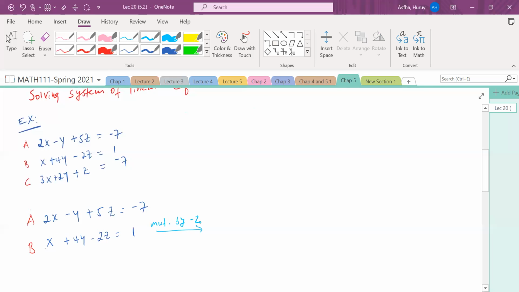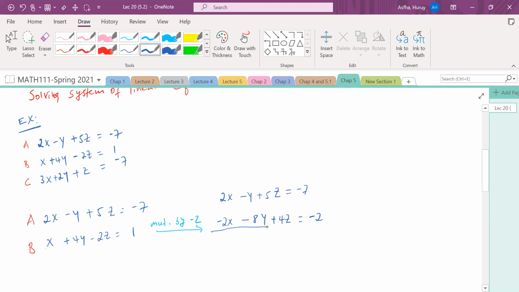Therefore, we multiply this by -2, and the first one stays as it is, and the second one will be -2x minus 8y plus 4z equals -2.